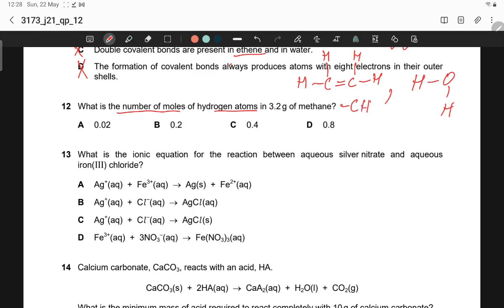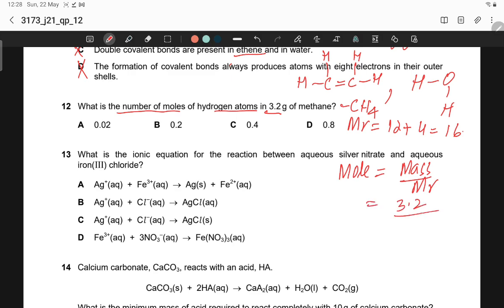Methane is CH4, so the Mr of methane is carbon 12 plus 4 times 1, which is 16. Moles equal mass over Mr. Mass is 3.2 divided by 16, which is equal to 0.2.